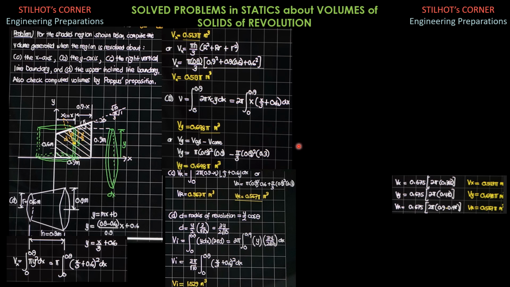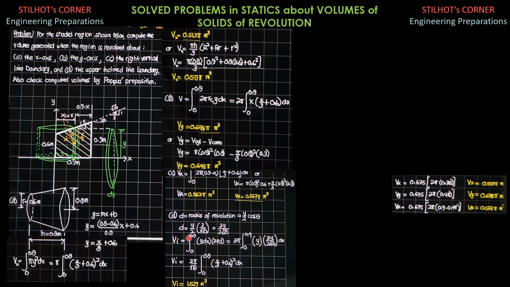So by Pappus proposition, that volume by integration is equal to the area times the distance traveled by the centroid. So for 1 revolution, 2 pi d. That's the distance traveled by the centroid of this strip, 2 pi d. And the area is y dx.